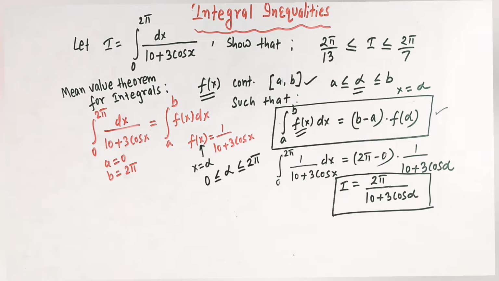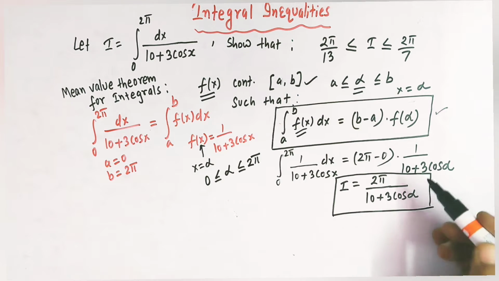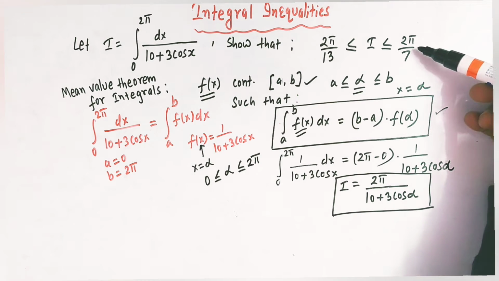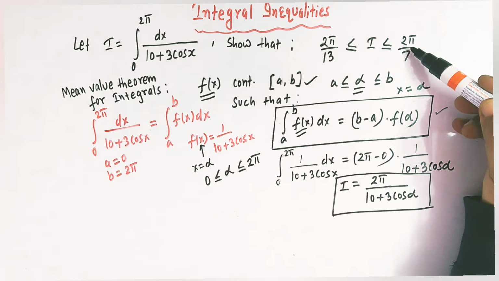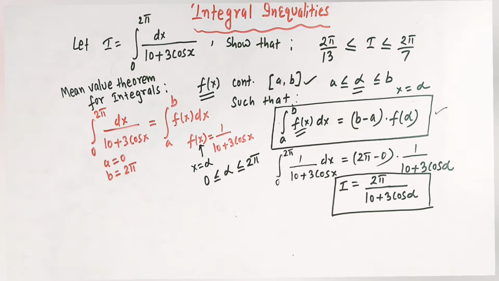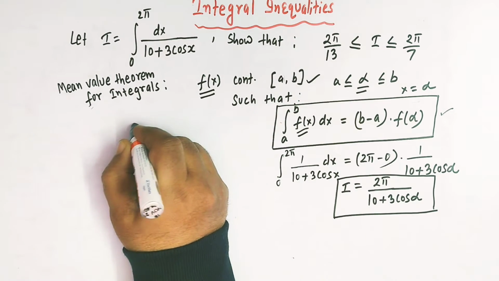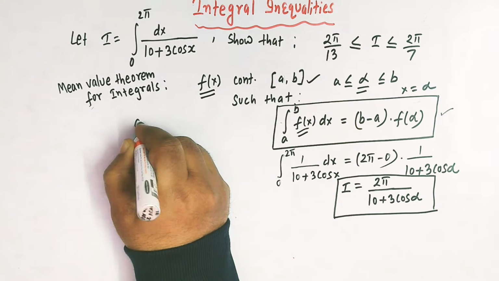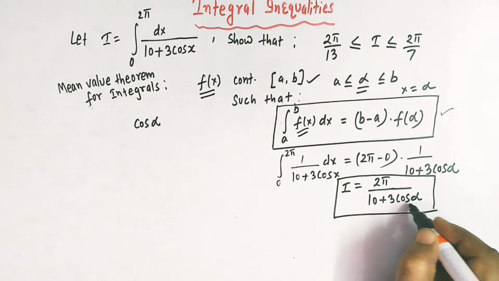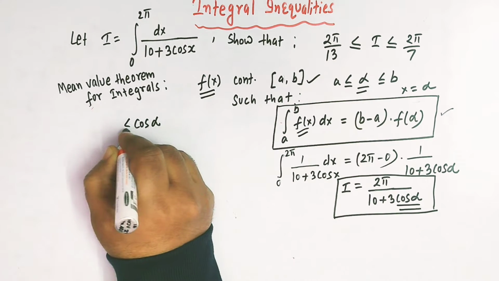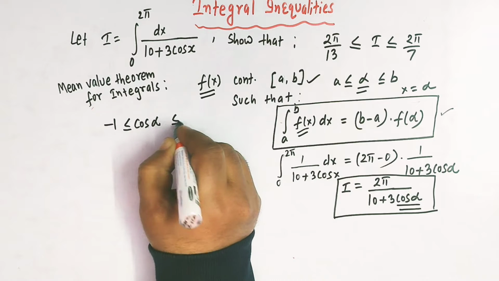Now we'll make use of some trigonometry to start with this expression, and then we'll arrive at this inequality. From trigonometry we know that the value of cos alpha lies between -1 and 1.